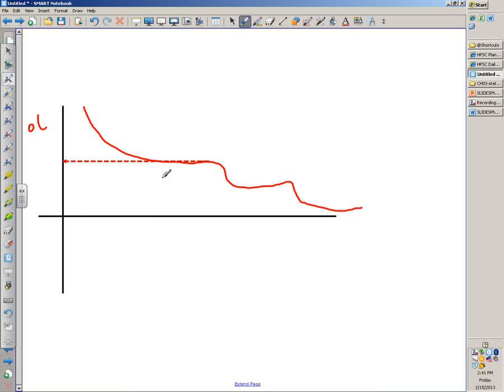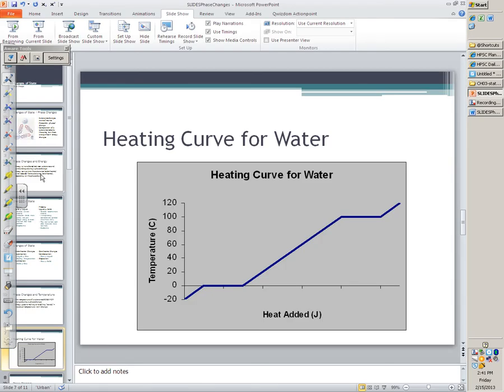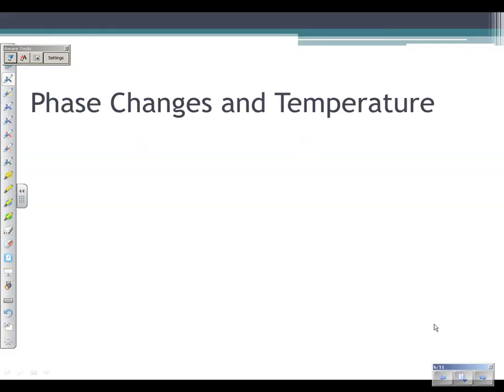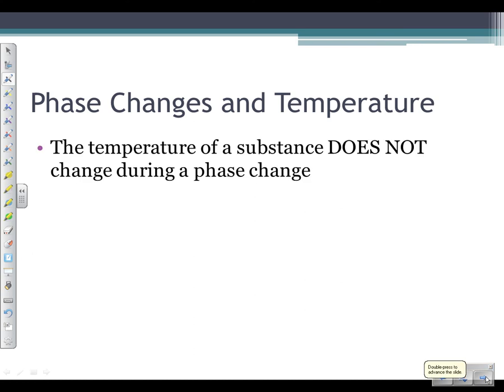This one's a change of state because you actually saw it change from a liquid to a solid. These are just when it gets to the temperature of the surroundings. But the important part being, though, that during a phase change, the temperature of a substance does not change.